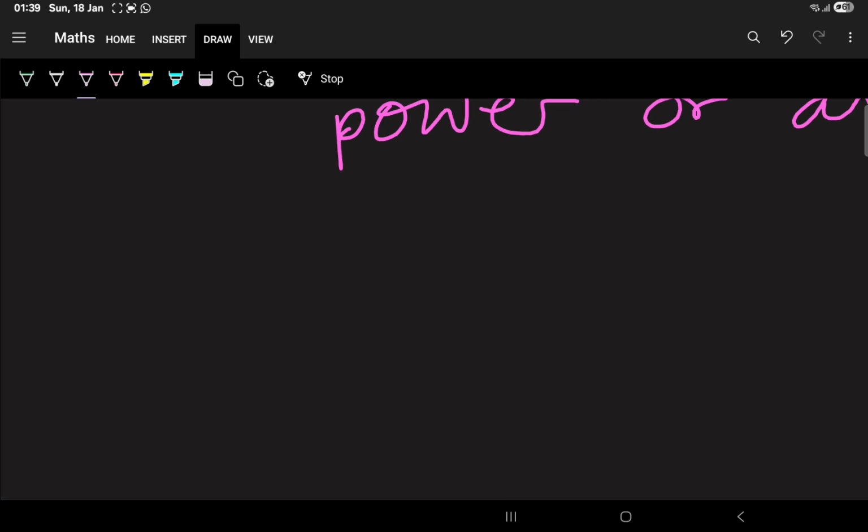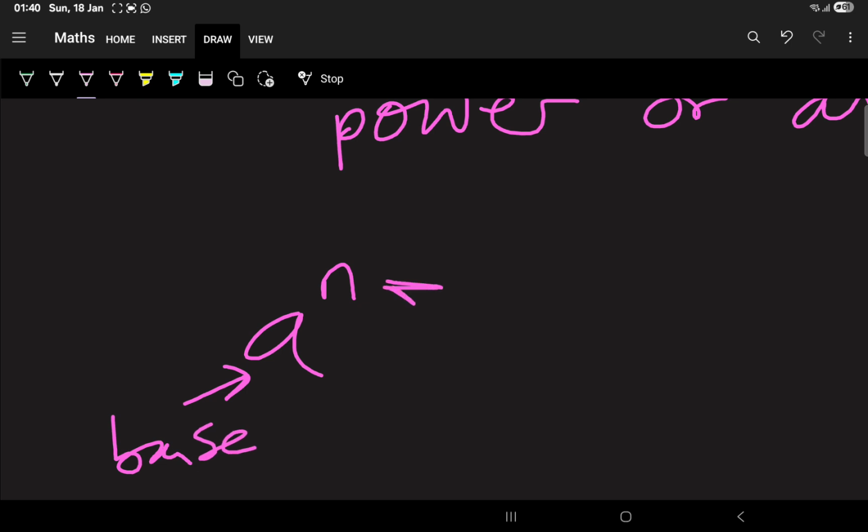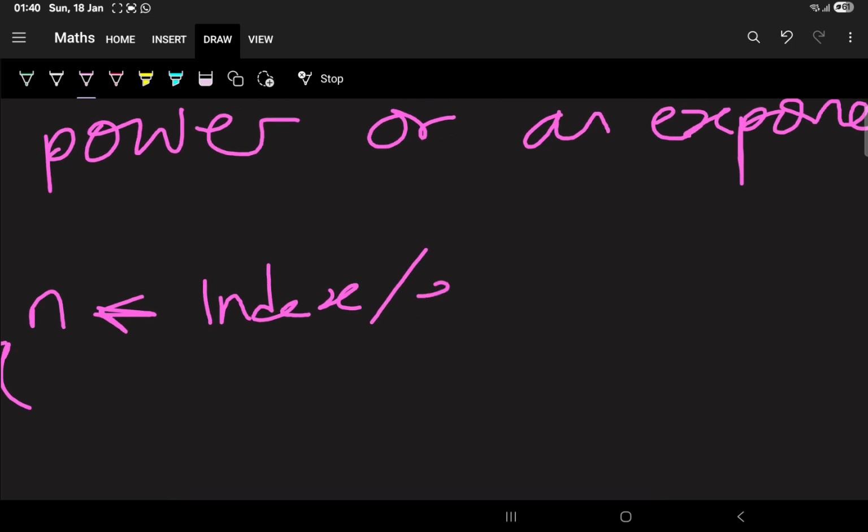Now, in mathematics, an index is a small number written above and to the right of a base number, indicating how many times the base is multiplied by itself. An example of this is a raised to the power of n, where in this case a will be our base and n will be the index or power or exponent.